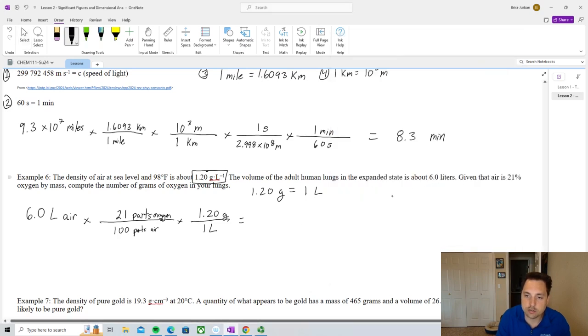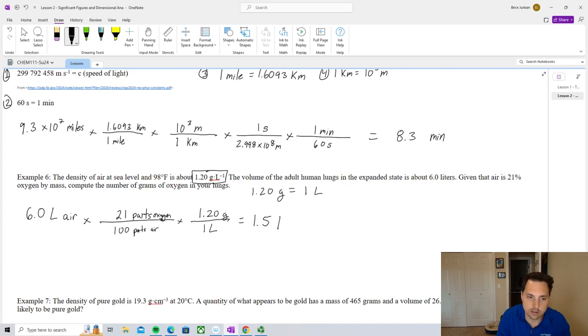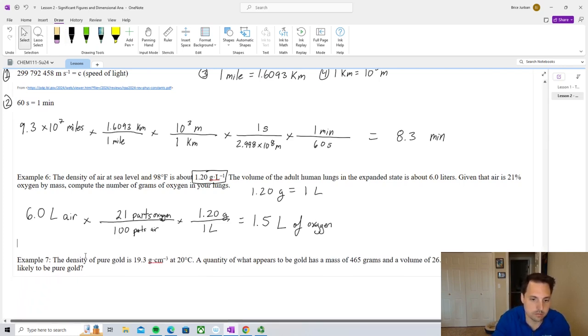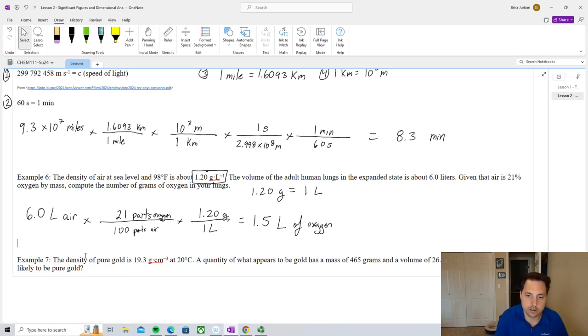So I think we're going to use 2 sig figs here. So 1.5 liters of oxygen. Oh, that's not right. 1.5 grams of oxygen.